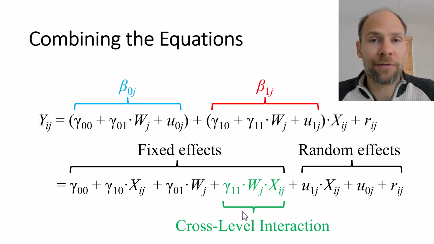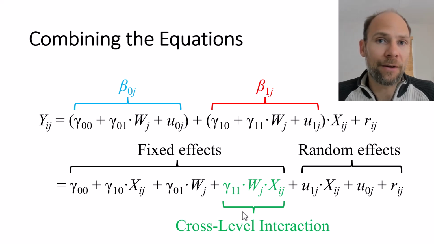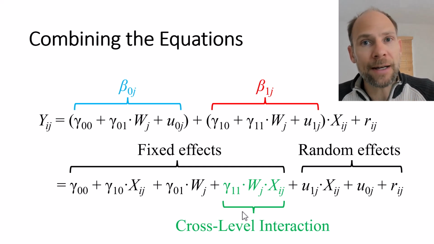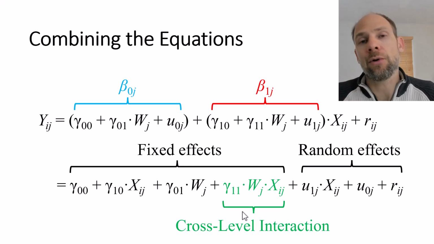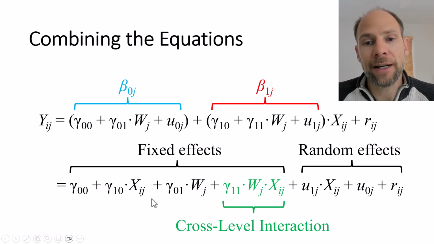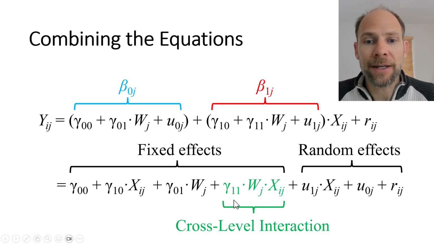I don't know if that makes sense, but this is something we could test: whether the effect of number of hours studied depends on whether a student is in a smaller class or a larger class. That would be quantified by this gamma 11 coefficient that indicates the cross-level interaction effect.